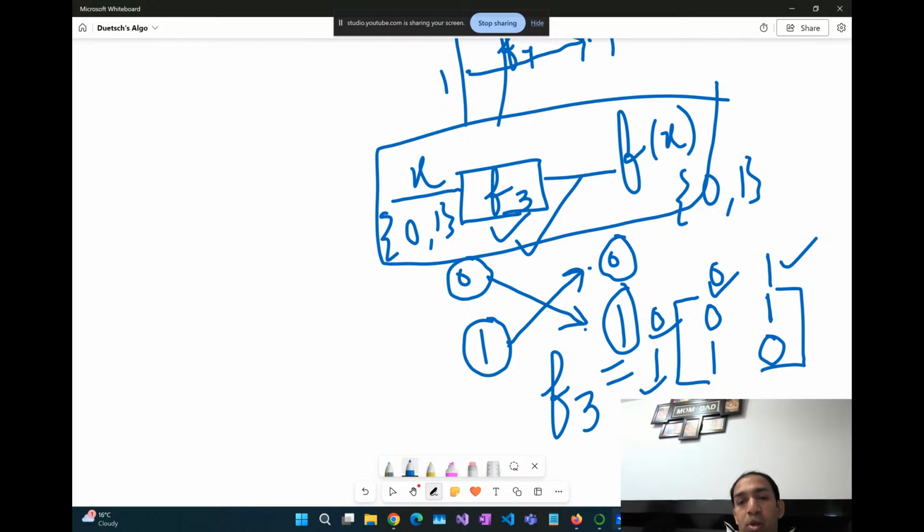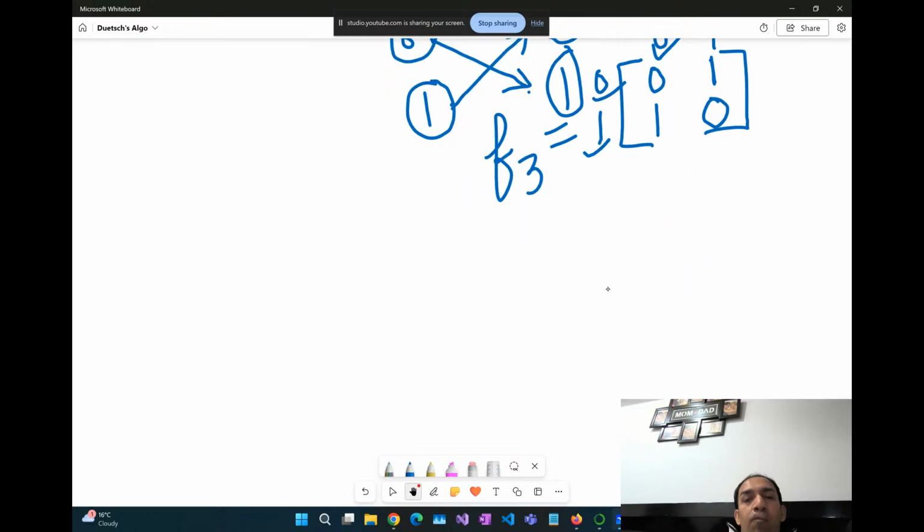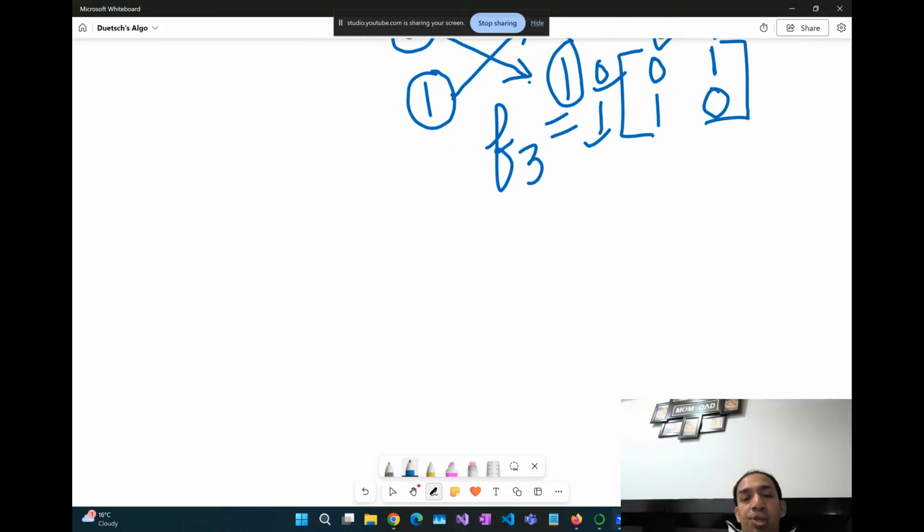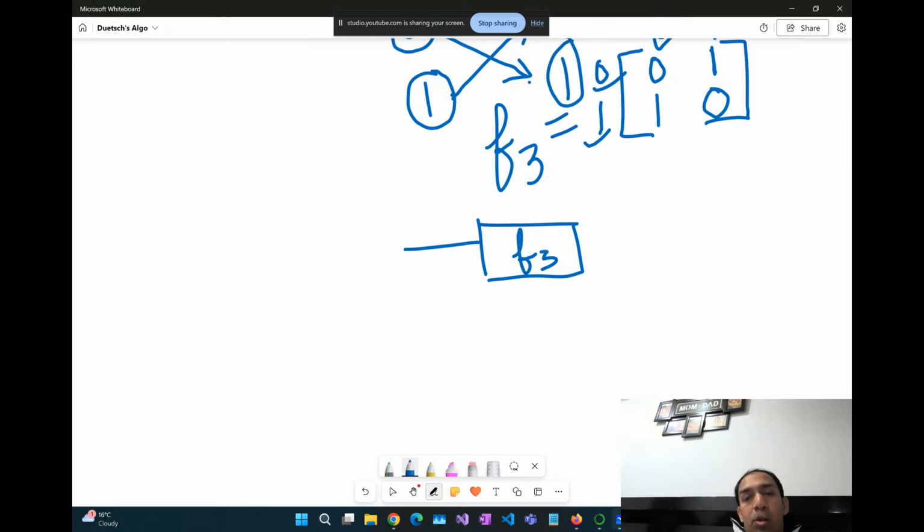Now, how do we validate whether it's working fine or not? That's what we learned in the previous sessions. So in this circuit, if this function 3 is operated on 0, this will return me 1 as an output.